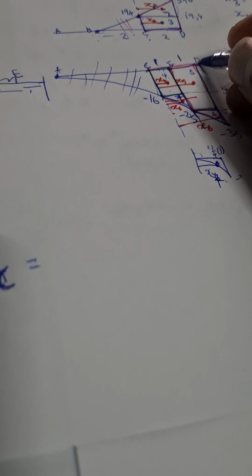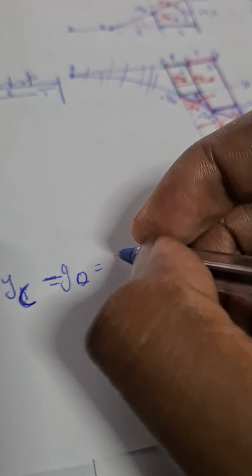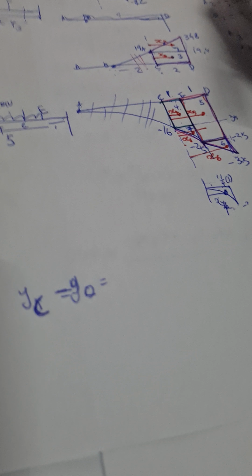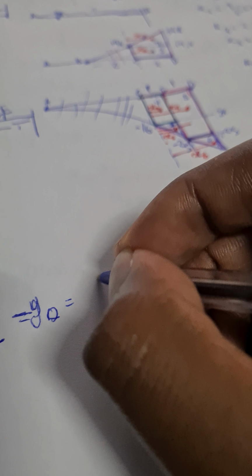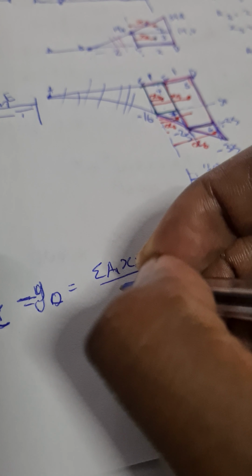Then afterwards, you say your YC, in this case, deflection at C is equal to, remember the wall is D, 0. So in full we have YD is 0. And then a modified version of this equation, so it's gonna be sum of A times X over EI.